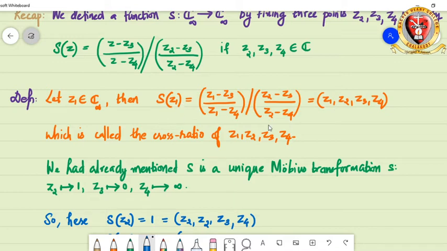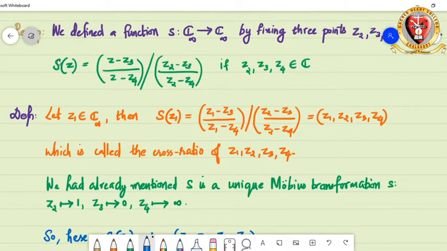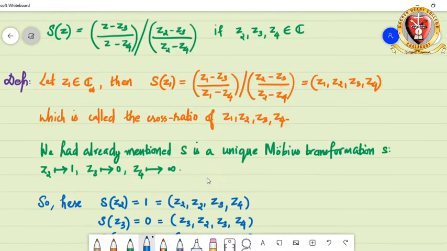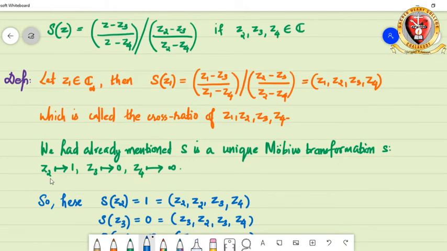So this quadruple z1, z2, z3, z4 is called the cross ratio of z1, z2, z3 and z4. We had already mentioned that the above mentioned S maps the value z2 to 1, that is S of z2 is equal to 1, S of z3 is equal to 0 and S of z4 is equal to infinity.